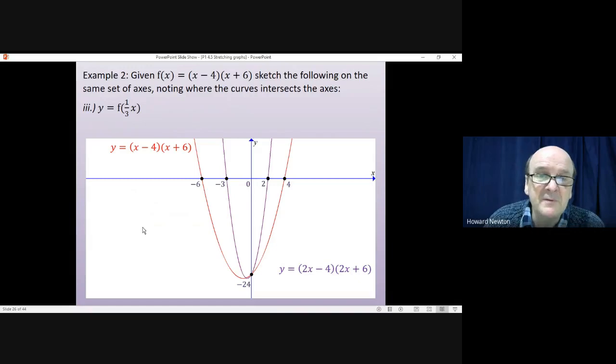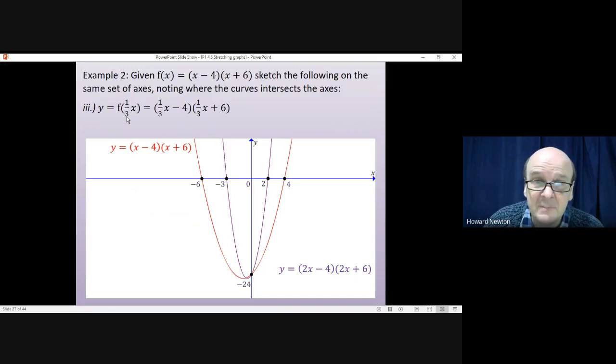If we had to do f of a third x, something very similar happens. First of all, looking at what would happen to the equation of the function, the x's would just change to a third x. So we'd get that for the equation of f of a third x. In terms of what happens to the points, you do the opposite thing when you adjust the x values.